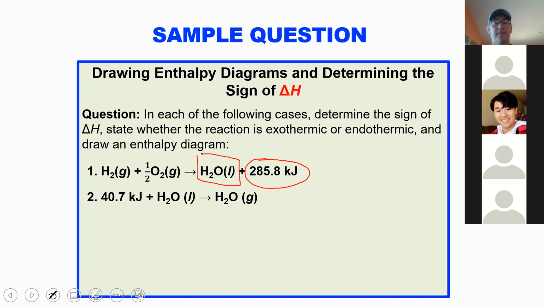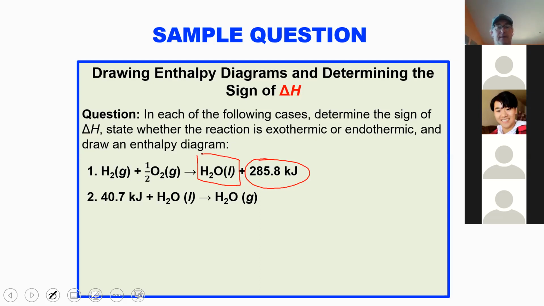So here, we're combusting hydrogen gas in the presence of oxygen. We're burning hydrogen, and we're creating liquid water as one product. And we can think of the heat being released as the other product. So we put it on the right side, with the products.